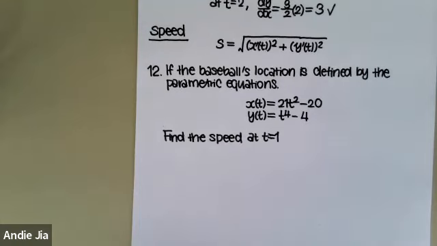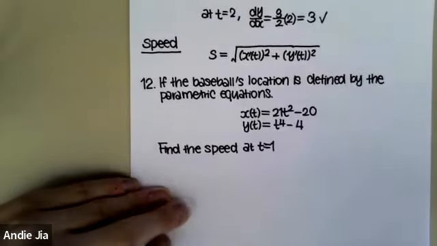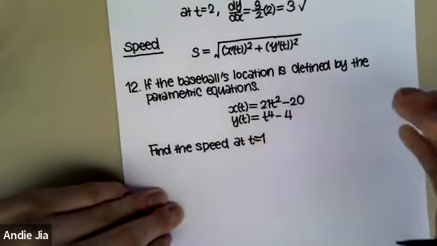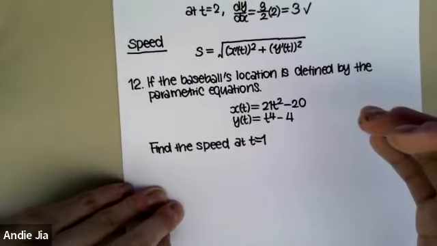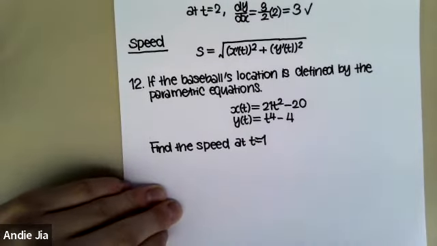If you're moving, you have speed, and speed must be positive. Does it make sense? Speed is not the same as velocity, because velocity can be negative, but speed cannot. Okay, I need to get back to math, because that is more like physics. I don't talk about physics today.